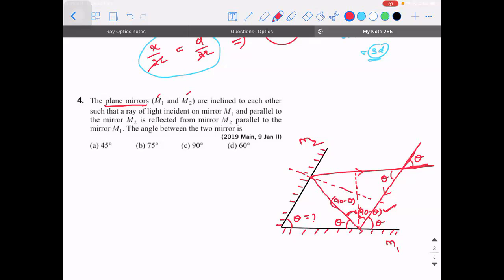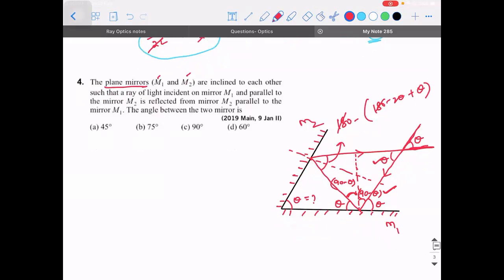Then, how much is this total angle? If this is theta, here the total angle is 180 minus 2 theta, then how much will this be? 180 minus of 180 minus 2 theta plus theta, cancel it. Is it still theta?